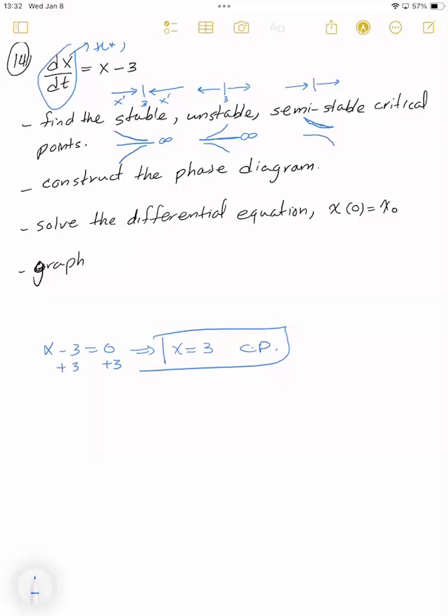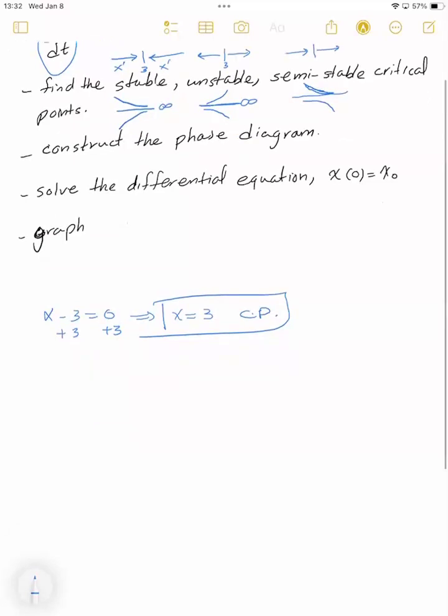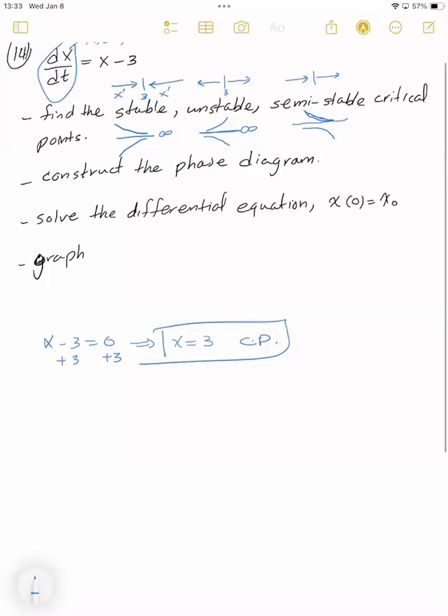Now, we want to know whether right now this critical point is stable or semi-stable. So first we find the critical point. Then we put our critical point on the line. Then we pick a number less than 3, such as 0.